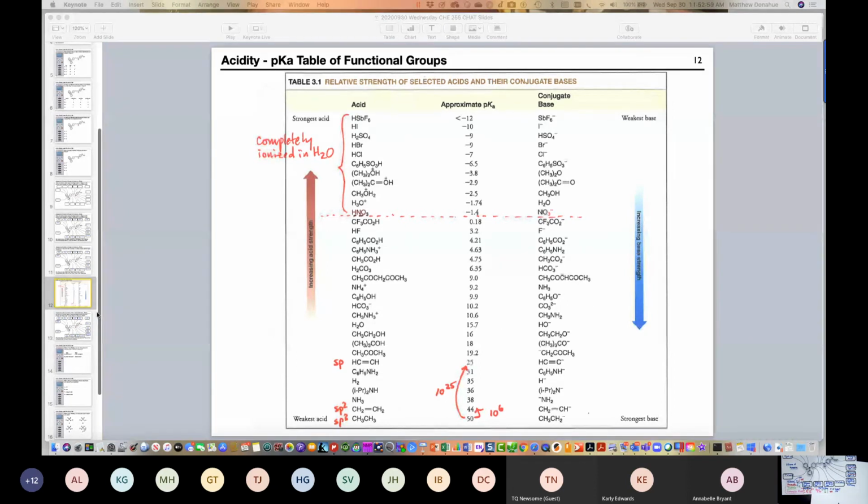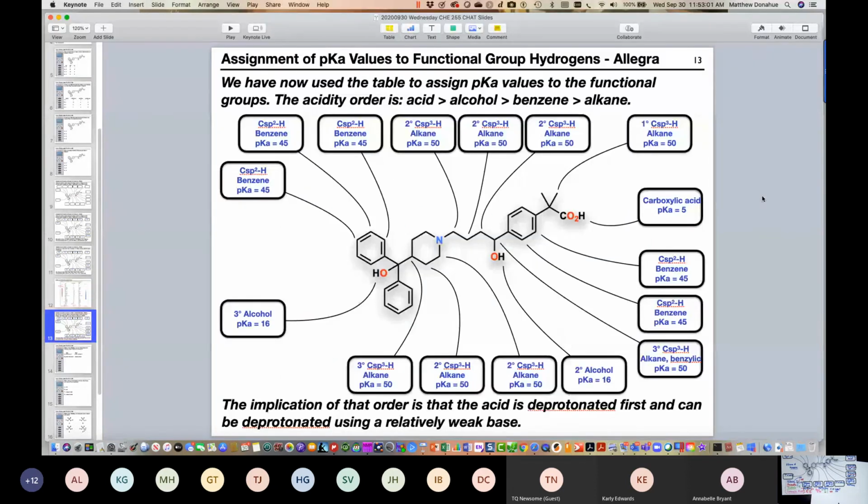And so if we go through that same slide as you see on the slide deck now, what I've basically put into each of these boxes is the pKa associated with each of those functional groups. And why is this important? So the acidity order is acid greater than alcohol, greater than aromatic/benzene, greater than alkane.